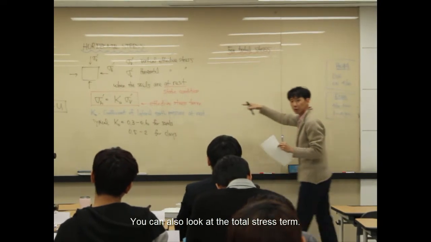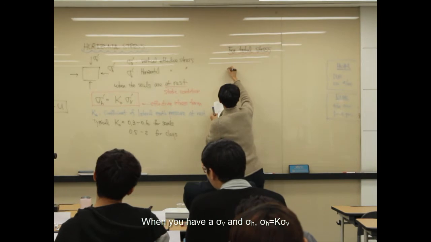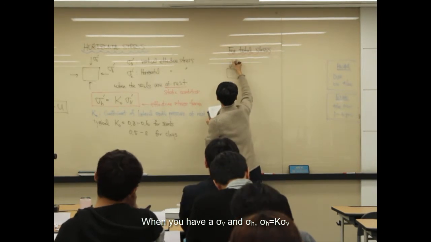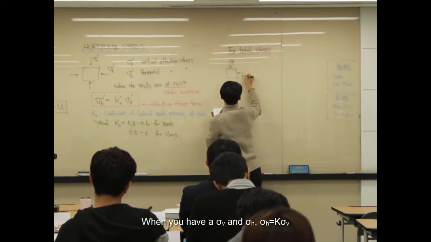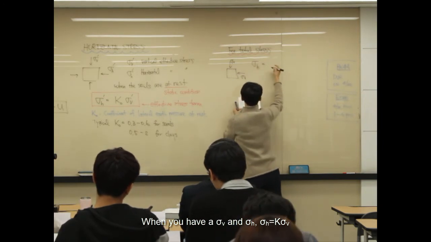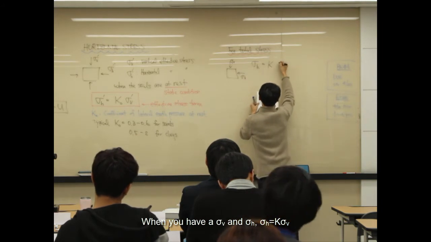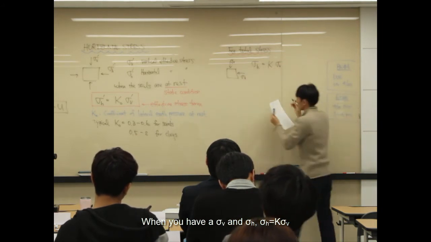We can also look at the total stress term. In total stress, you have sigma V and sigma H. So sigma H, the horizontal total stress, is K times the vertical total stress.